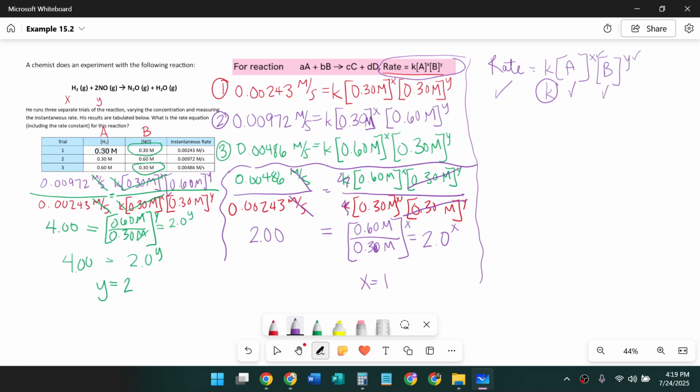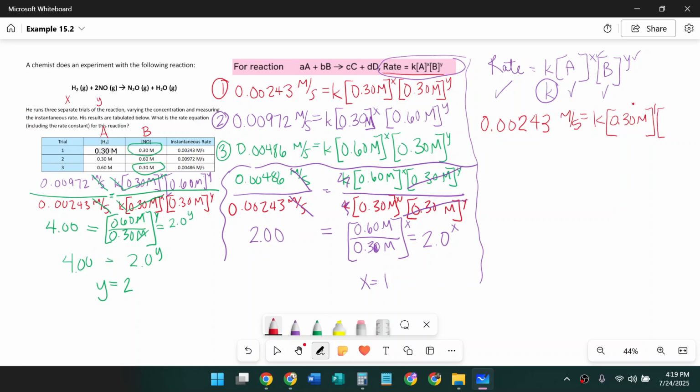For this one, it does not matter which rate equation you solved. He used the one from trial 1, so in case you're following along with the book, I will also use the one from trial 1. So we put in the rate that we were given. This is the rate for the reaction for that specific concentration. We don't know the k. That's our mystery. We're going to put in the molarity for H2, 0.30 M, and our x is 1.